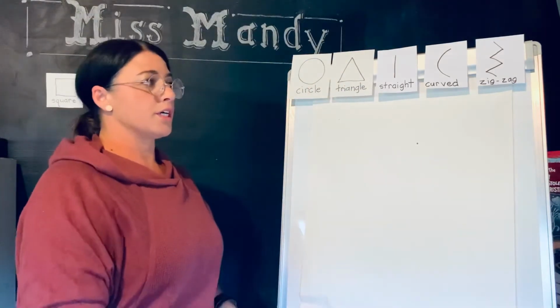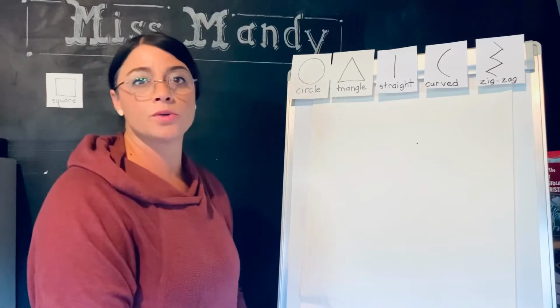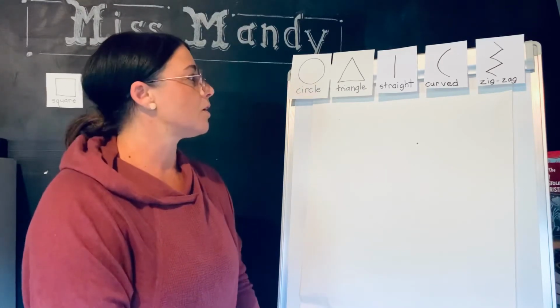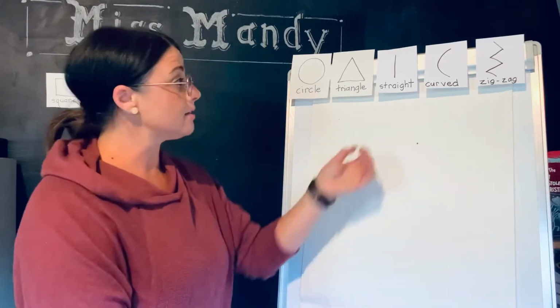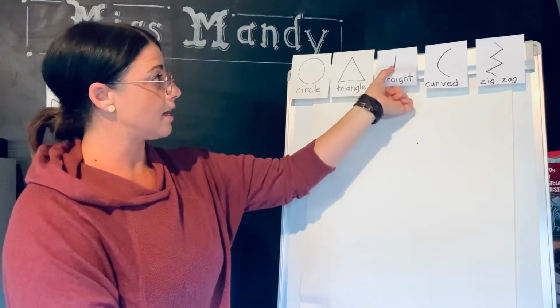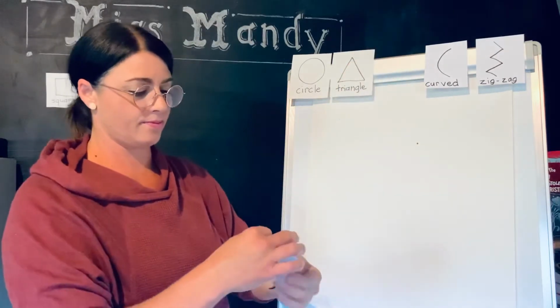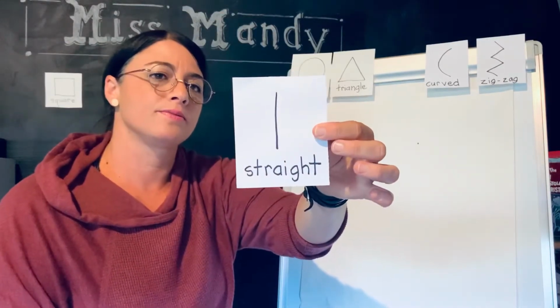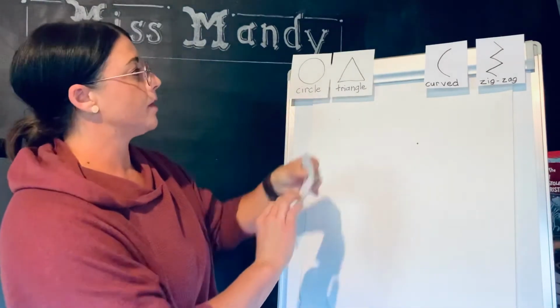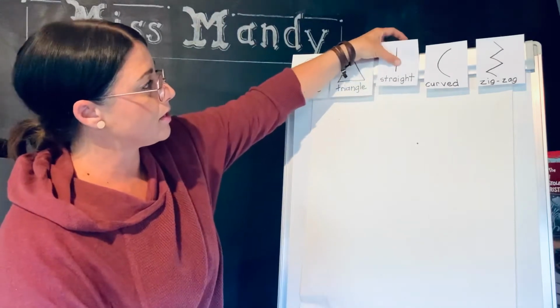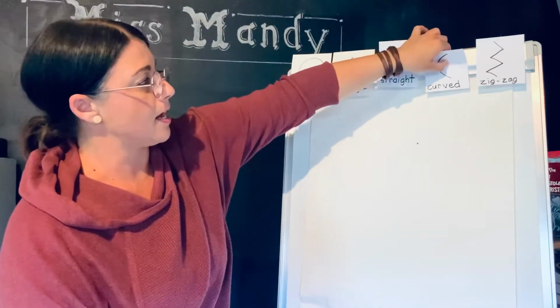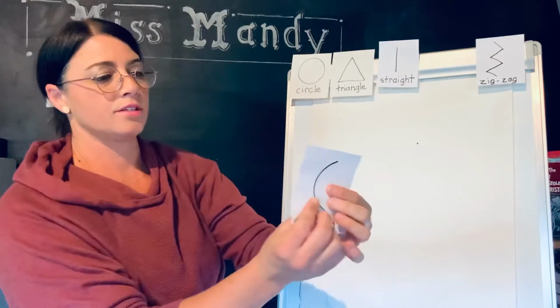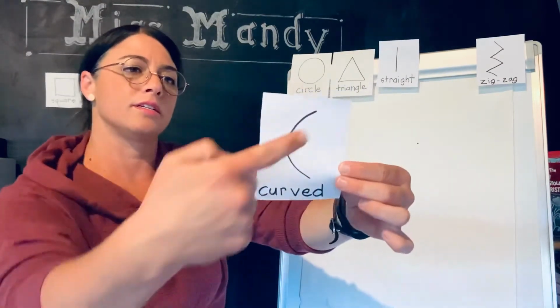And we're gonna learn about some new lines. So there are different kinds of lines. This line is a straight line. We are also going to use a curved line. So this one's not straight, it curves.